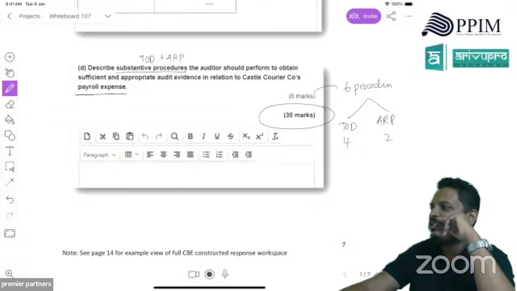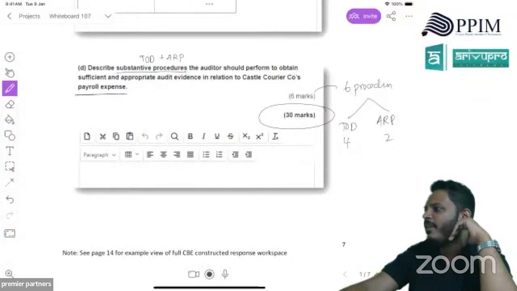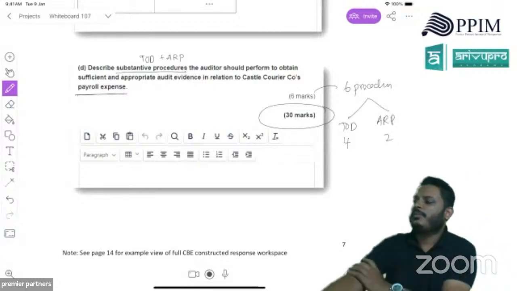Abhinaya, obtain the post-year-end cash payment list related to the payroll and agree the balance to the financial statement and trial balance, arithmetical accuracy. Okay. Shifa, compare the total payroll expense with prior year, budget, industry. Okay. Review monthly payroll charges, compare with prior, any issues. Shifa, both your procedures are ARP. Okay. Recalculate net profit, gross profit, verify payroll records.